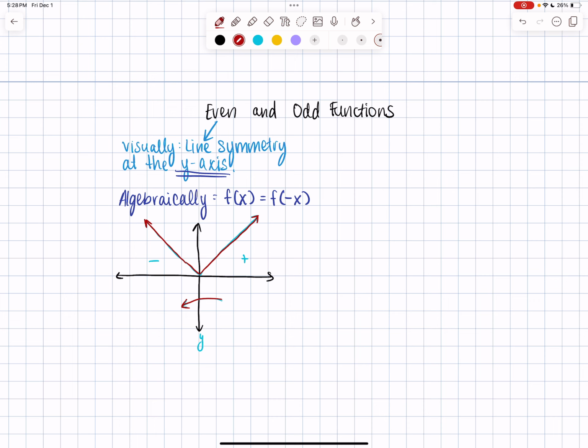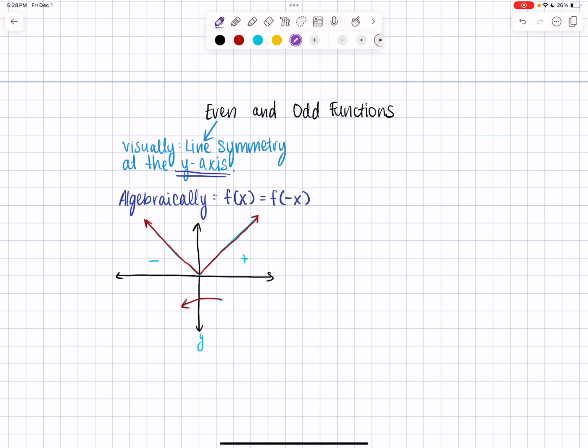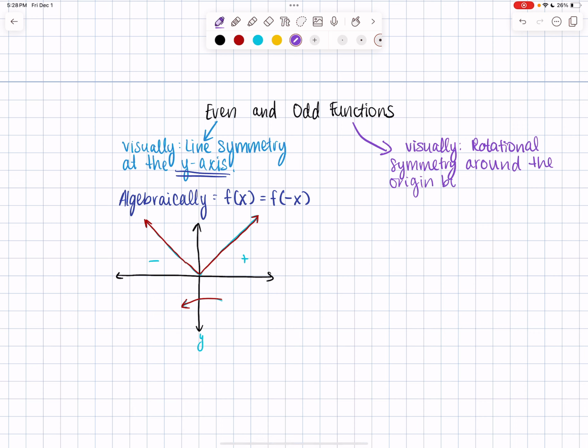So let's move on to odd functions now. When you look at them visually, they have rotational symmetry around the origin by 180 degrees.